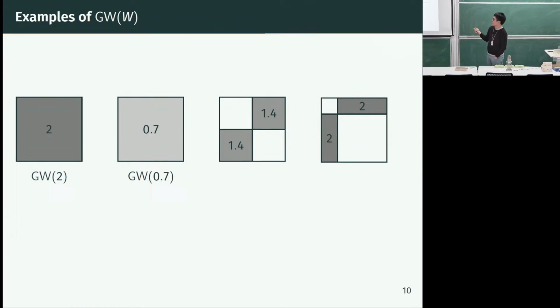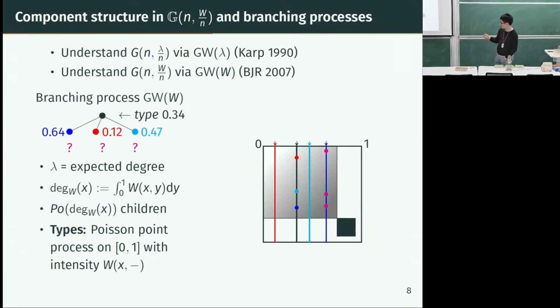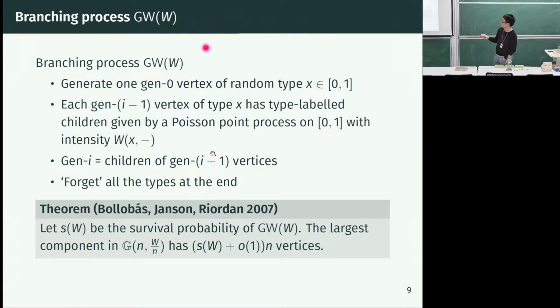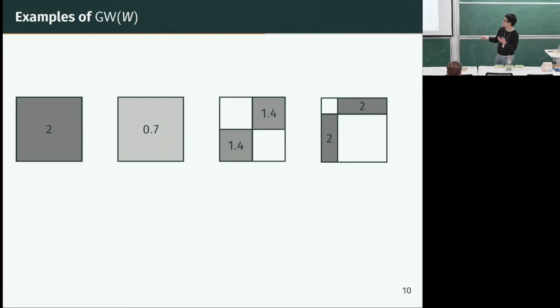All right, so now on to the third one. At first glance you might think this is more complicated: there are bits where you see 0, bits where you see 1.4, and the partition into 2. But if you look closely and recall what really mattered in the generation, it was the types, and where the types came in was in looking at the degrees.